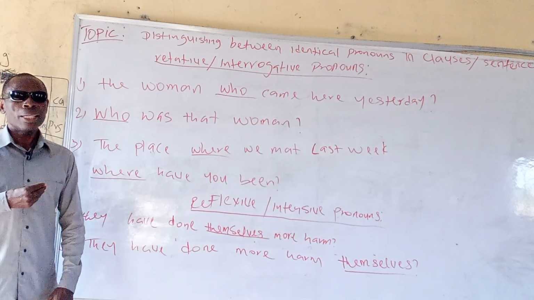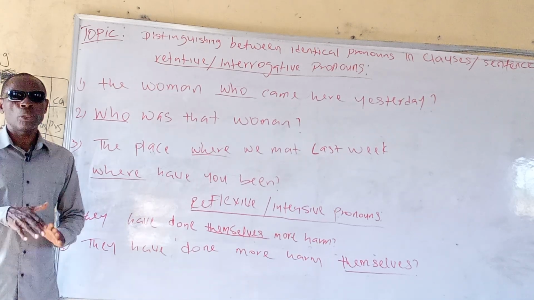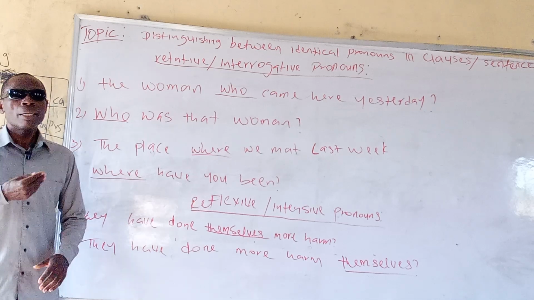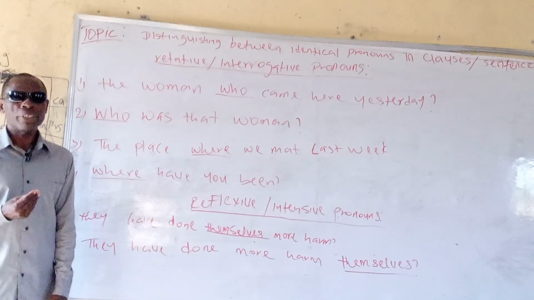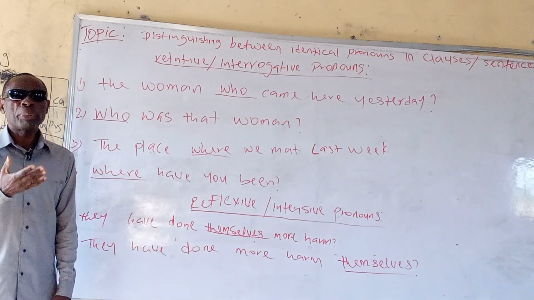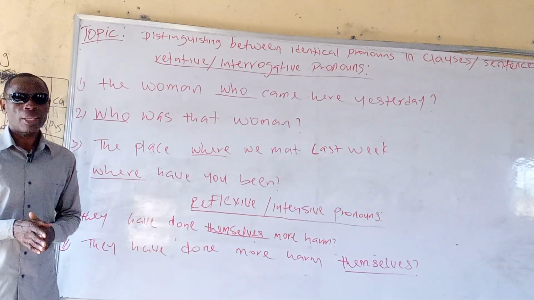We must remind ourselves of the definitions of both pronouns. Relative pronouns refer to nouns, noun phrases, noun clauses, or pronouns previously mentioned in sentences, known to both the speaker and the listener.